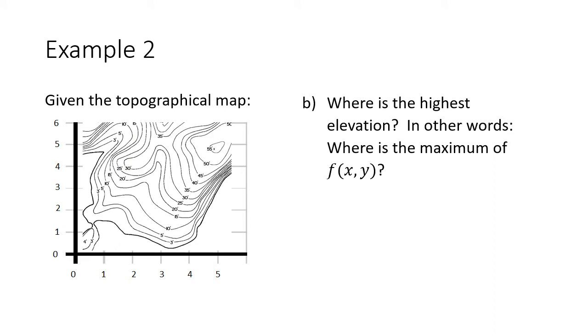Part B, well, where's the highest elevation based on this topographical map? Or in other words, what's the maximum of my function of 2 variables? Well, we can scan this map fairly quickly, and hopefully we can see that the biggest number, the highest height, is over here at 55 feet.